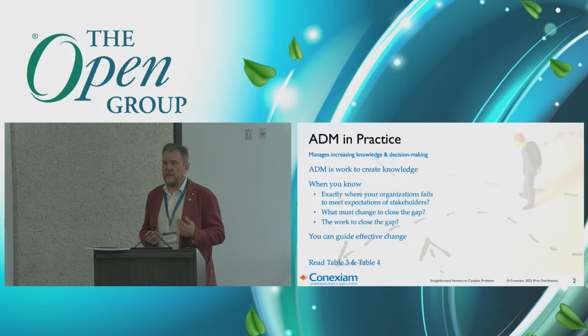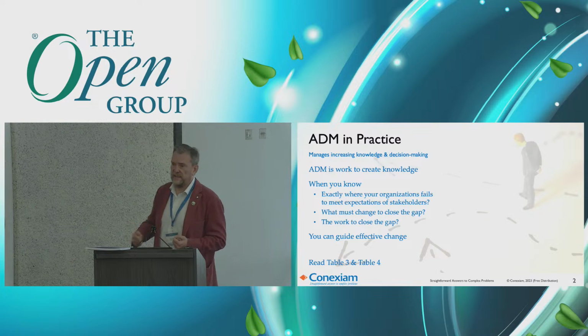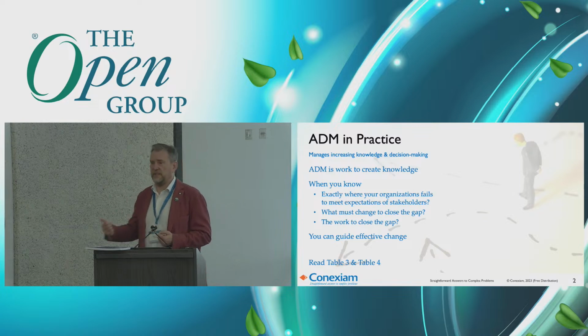Without an agreement to execute, you don't have a change that's going to happen. And you're not going to get a well thought out guided change without understanding what the deficiency is and what needs to fill it. Is it software development? Is it organizational redesign? Is it standing up an architecture, an agile team?